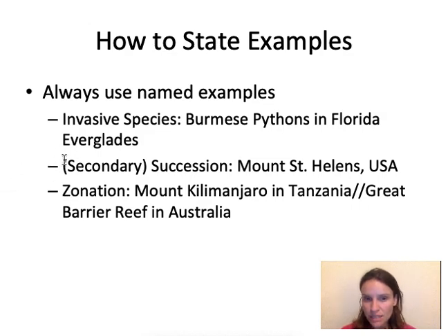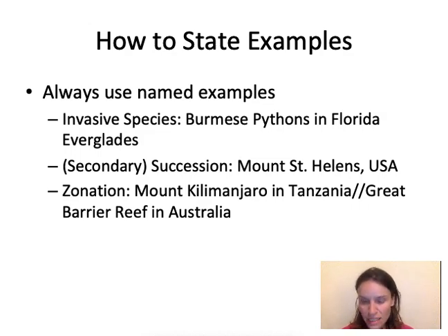An example of succession, and specifically secondary succession, which we'll go over in a little bit more detail later in this video, is Mount St. Helens in the United States. Mount St. Helens had a major eruption in the 80s or the 90s, I can't remember.